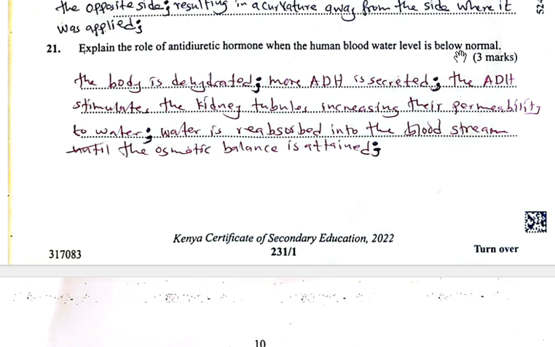In this case, more antidiuretic hormone is secreted, and the antidiuretic hormone stimulates kidney tubules to increase their permeability to water. And when permeability is increased, it means more water is reabsorbed into the bloodstream until the osmotic balance is attained. That is how antidiuretic hormone is able to assist in bringing human blood water level back to normal.